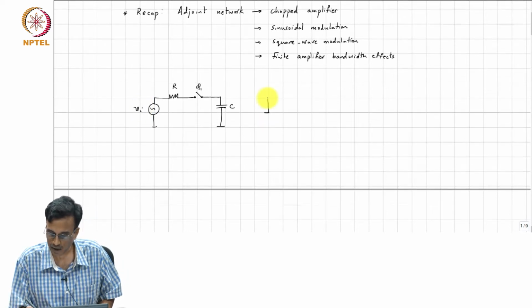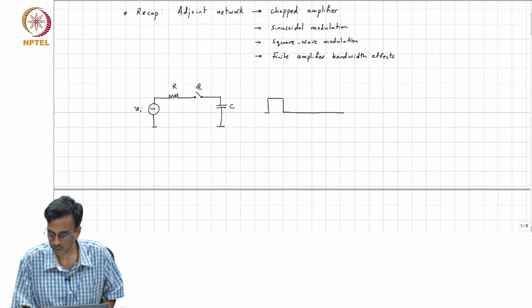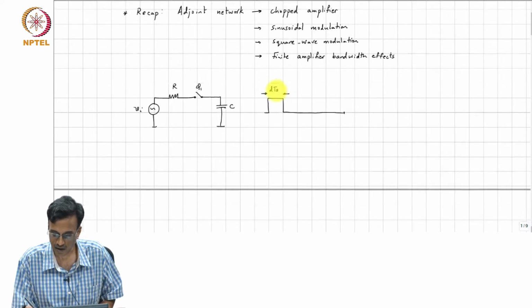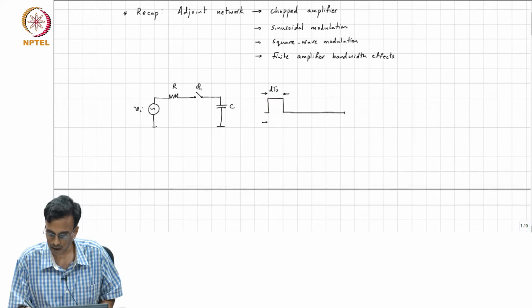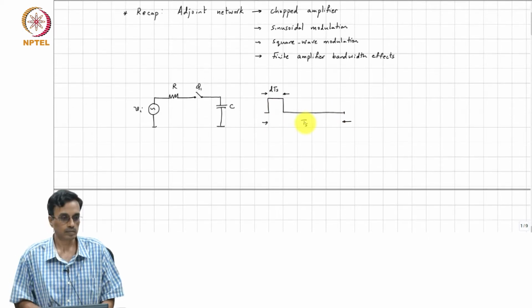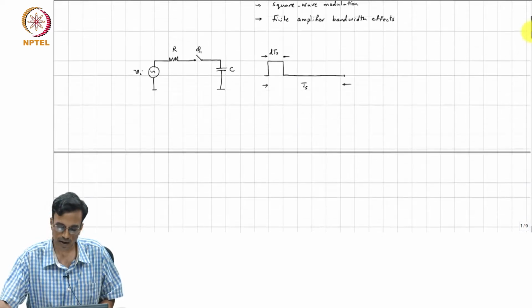Let us assume that it has a duty cycle D, all right. So, this is D times Ts, and the whole period is Ts.